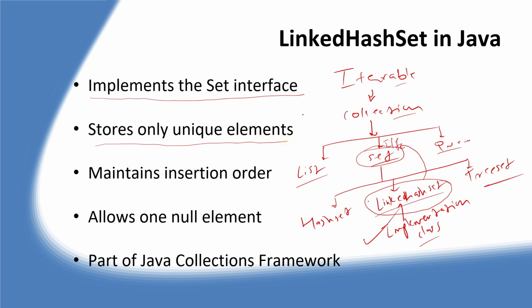I hope you remember the two pointers I told you about: one is ordering and another one is sorting. For LinkedHashSet, ordering is there but no sorting. What do we mean by ordering? Ordering means LinkedHashSet maintains the order of insertion.